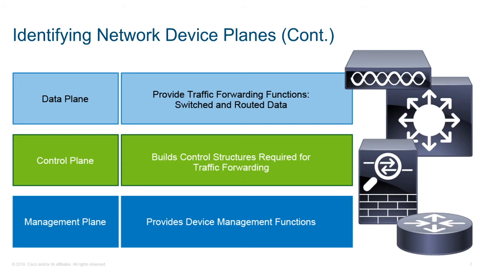So when we think about control plane, think about CPU, think about our dynamic routing protocols and the algorithms that are used to build structure that's required for the traffic forwarding. And then the management plane is just what it sounds like, all of the management traffic. So when we think about SNMP or syslog and just we as administrators logging into the device, SSHing, or even just consoling in, those are concepts of management plane.